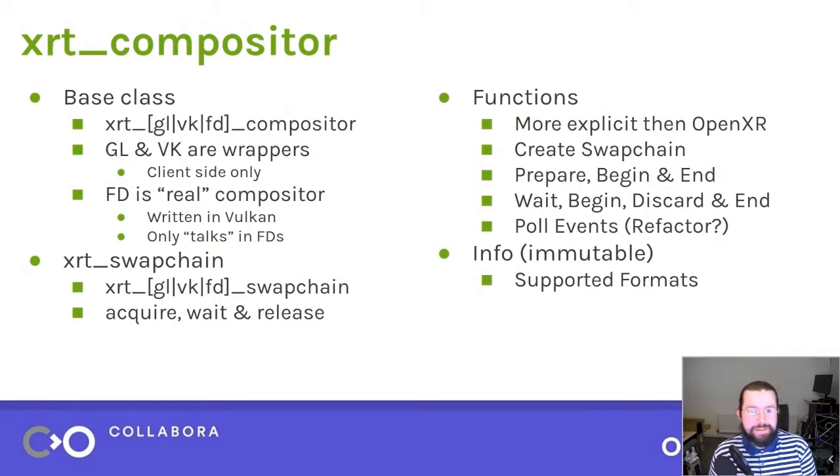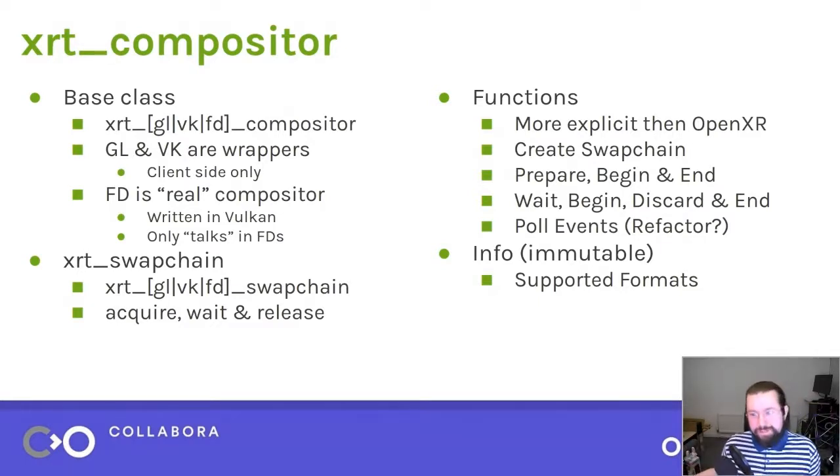And you have a base class, and then the various classes for the different types of APIs and FD. So you have GL, you have Vulkan, and you also have FD, which is basically DMA-BUF, or how to just send a raw buffer over. And as we said, the FD compositor is the real compositor.